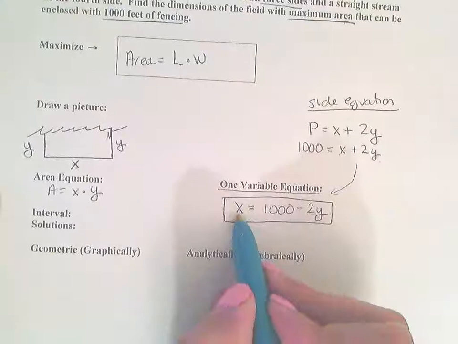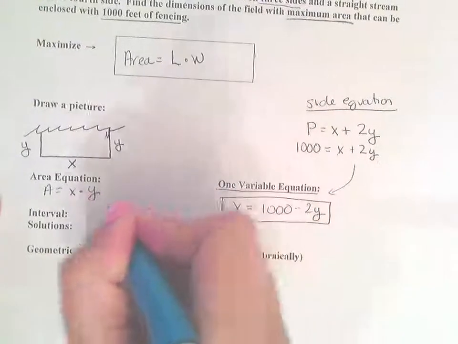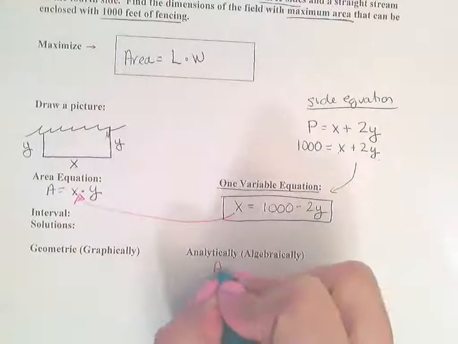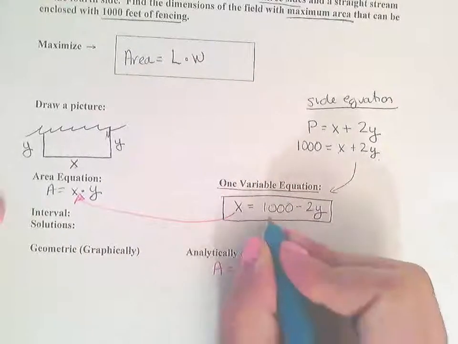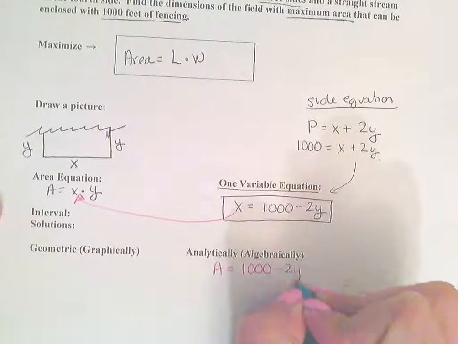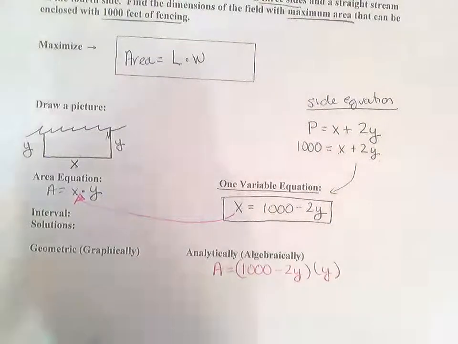And I'm going to use this and plug it in to what I want to maximize. So that's going to go in for x. So now area is equal to x, which is 1,000 minus 2y, times y.